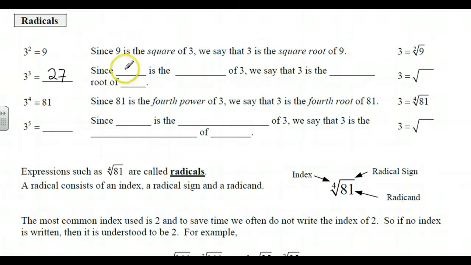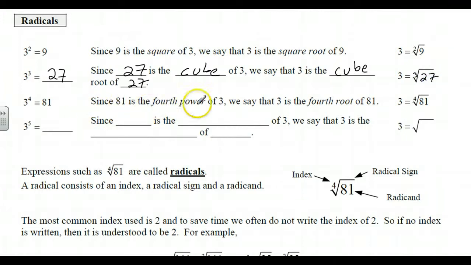Since 27 is the cube of 3, we say that 3 is the cube root of 27. And that's in English, and 3 is the cube root, so we indicate that by writing a little 3 in here of 27.